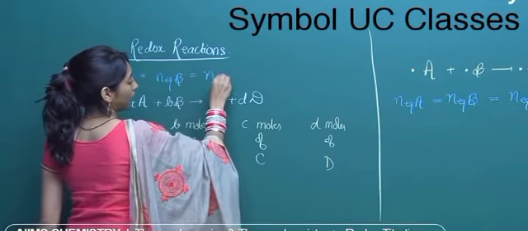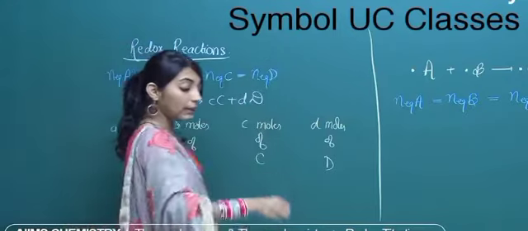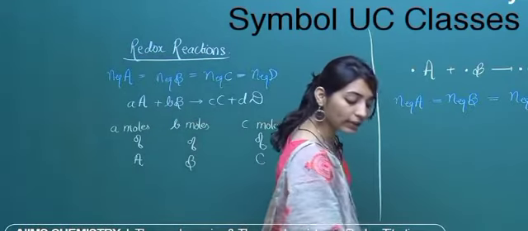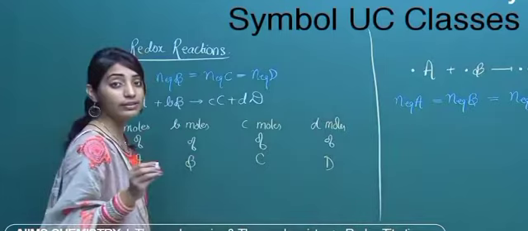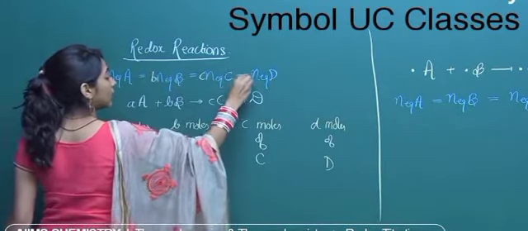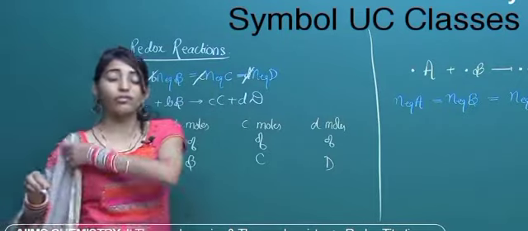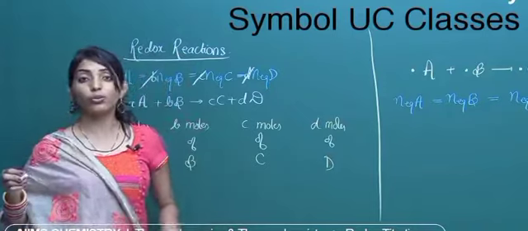This could be equal to the number of equivalents of C, which will be equal to the number of equivalents of D. That means when talking in terms of equivalents, I will never say a, b, c, d. There is no point in using stoichiometric coefficients when you are talking about the total number of equivalents.